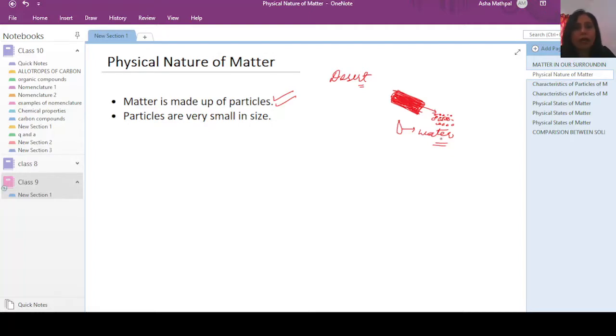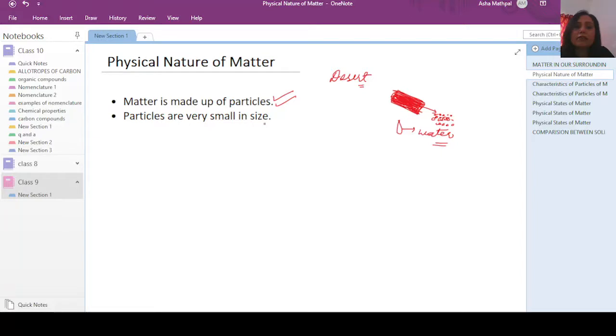So every matter which is occupying space and has got mass is actually made up of very, very small particles. From the surface, that particular item, material or thing might look smooth to you, but if we observe it under the microscope, we will see that no, it is not smooth. It is made up of various very small particles.